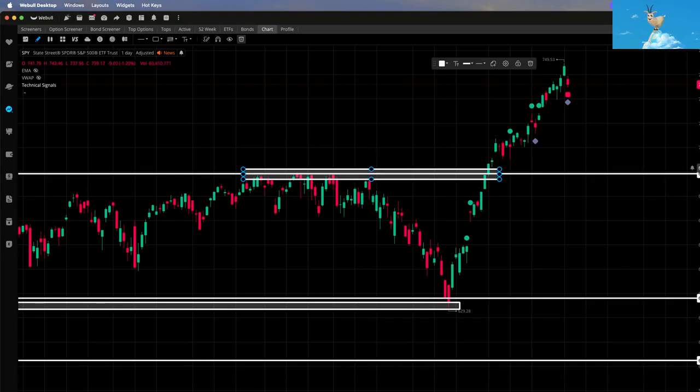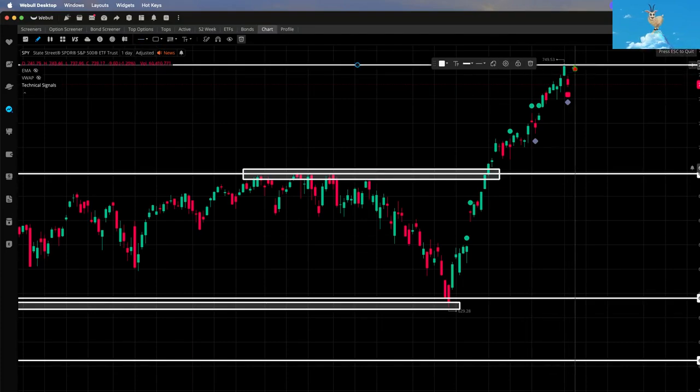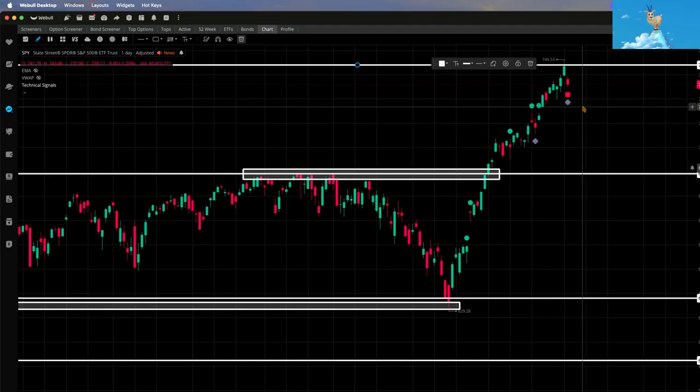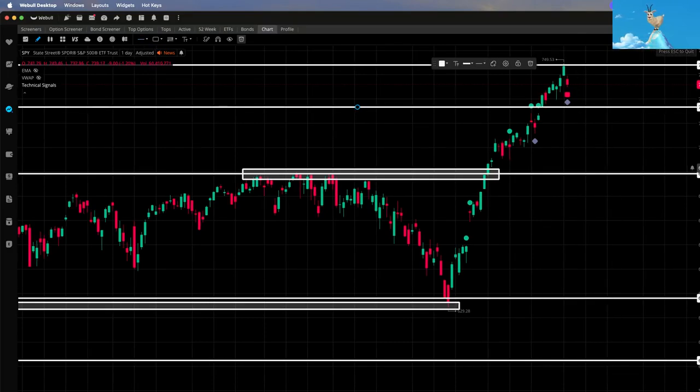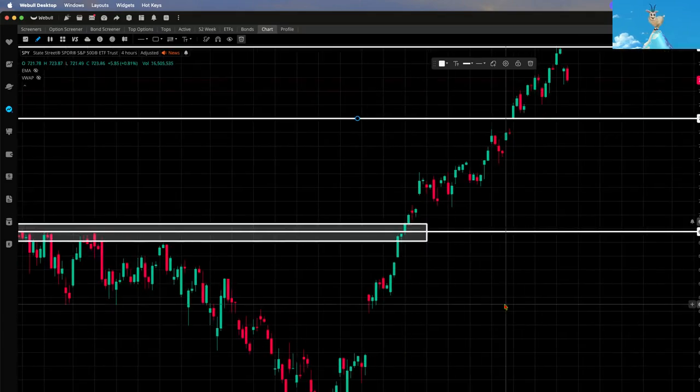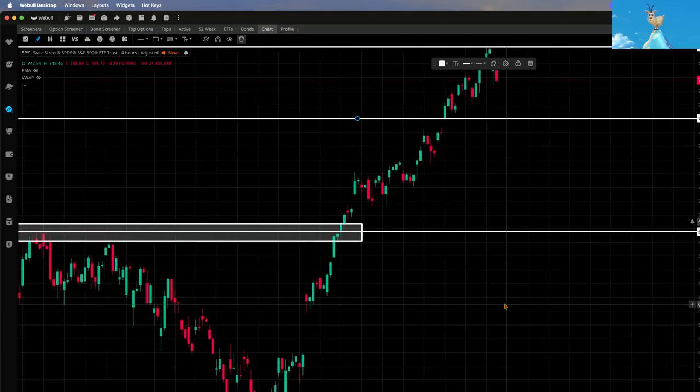All right, let me go down to a smaller time frame. Hold on, let me mark these levels too. I don't want too many lines. So let me go down to a 4 hour. Now I got a better look at the price action.